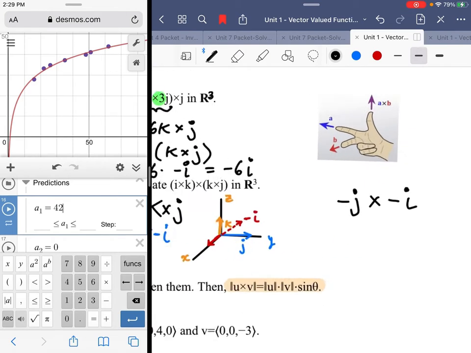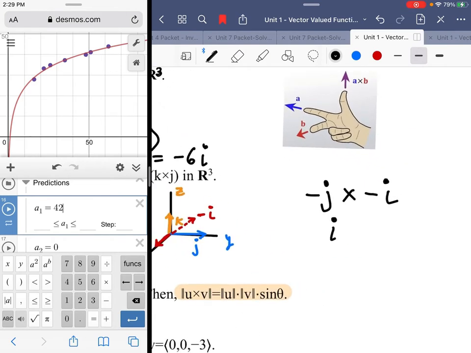All right, so I cross J, each part negated, so I'm just doing a quick switcheroo here, negated by the anti-commutative property, but then I can factor out the coefficients of -1.